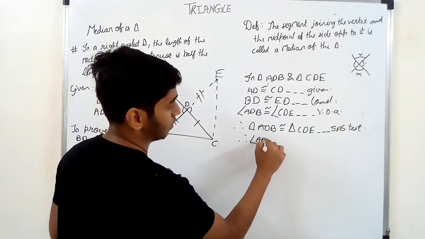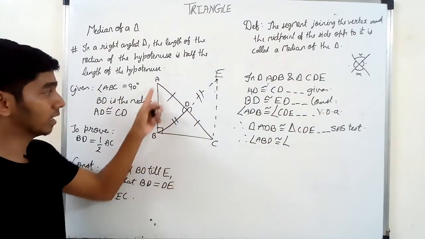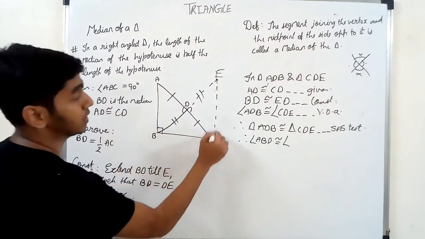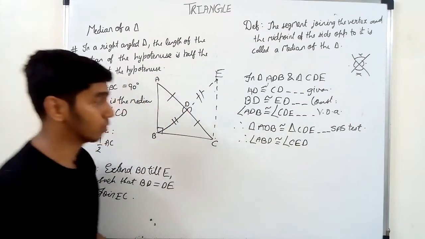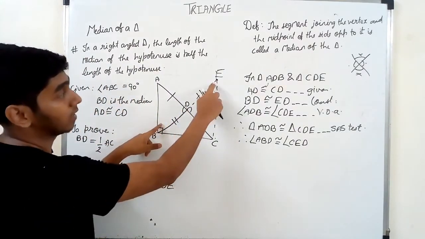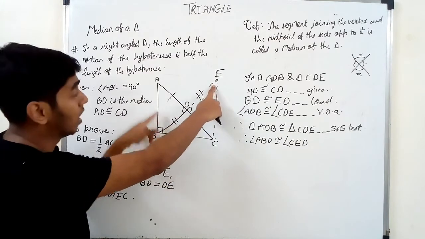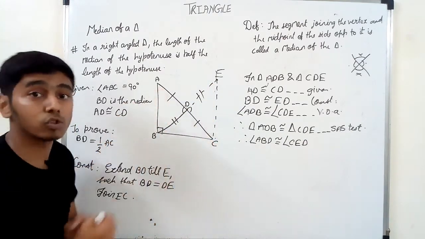Therefore, angle ABD is congruent to CED. Yes or no? Because if these two triangles are congruent, this angle and this angle will also be congruent.